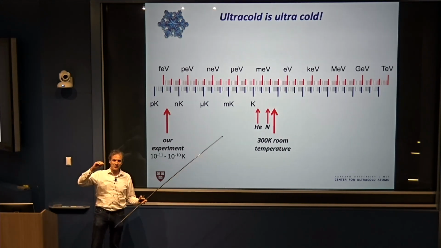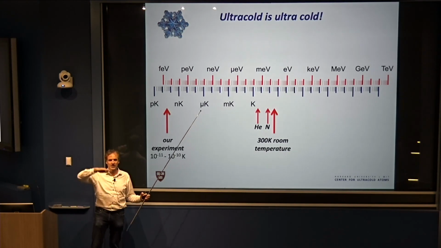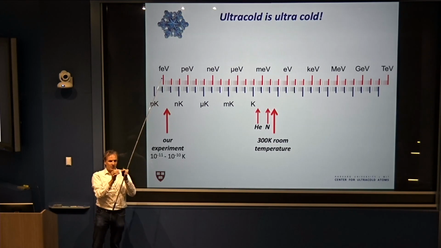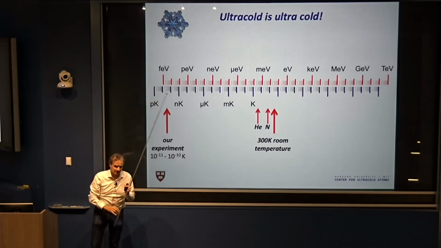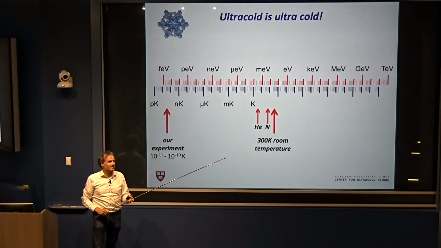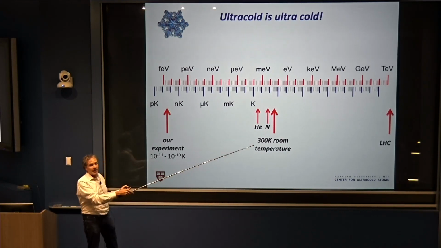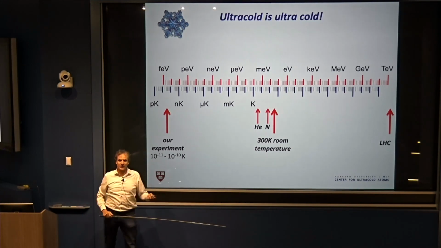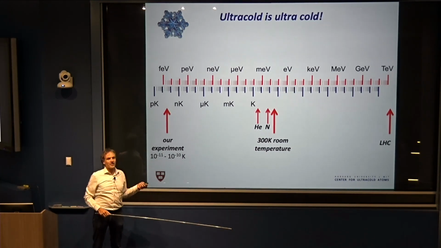Another comparison: if you had a thermometer reaching from here to the moon, where the room temperature reading is at the moon, then we would only be the width of a hair away from absolute zero temperature. So extremely cold, also colder than the hottest man-made temperatures, like the Large Hadron Collider energies over there.